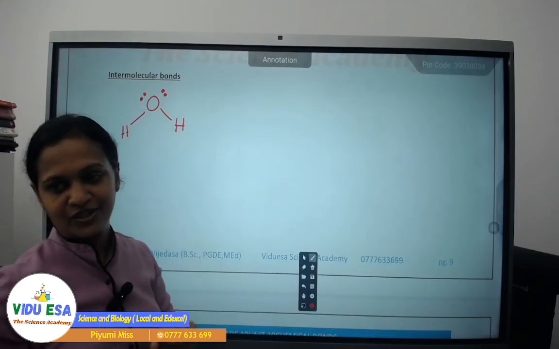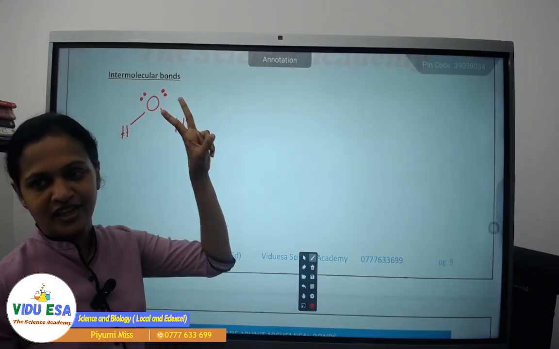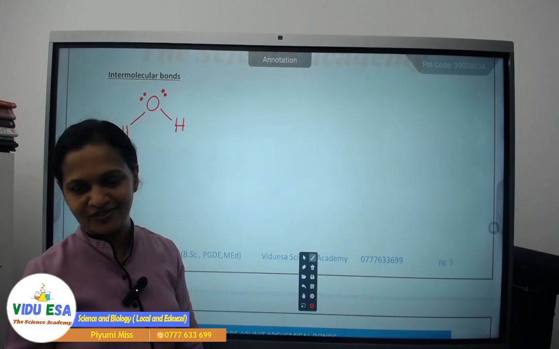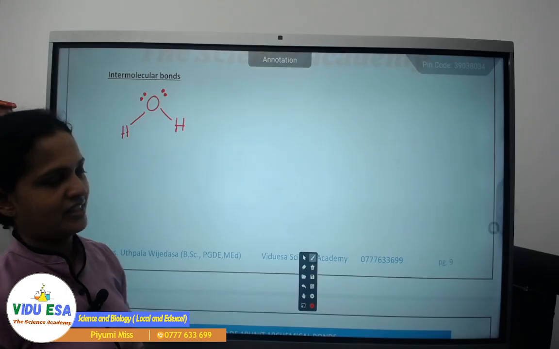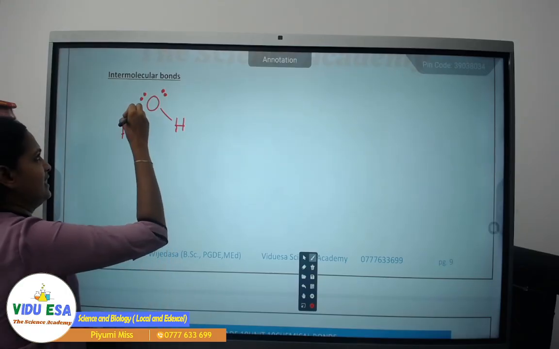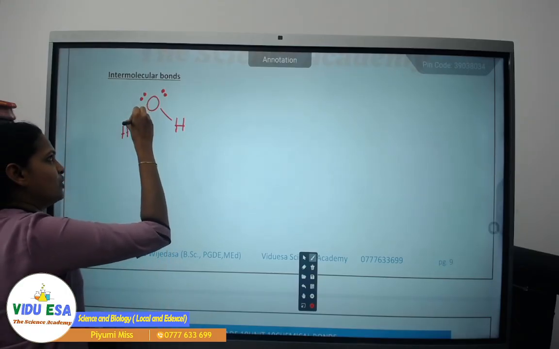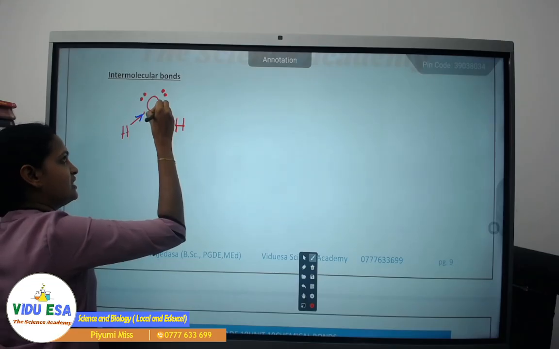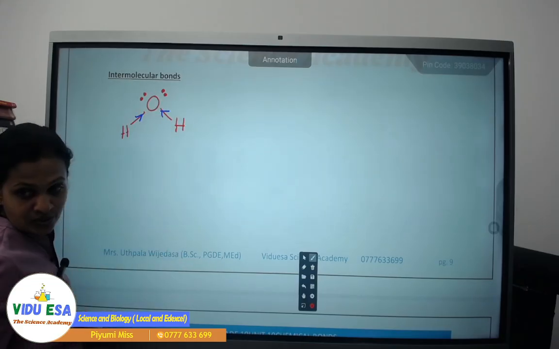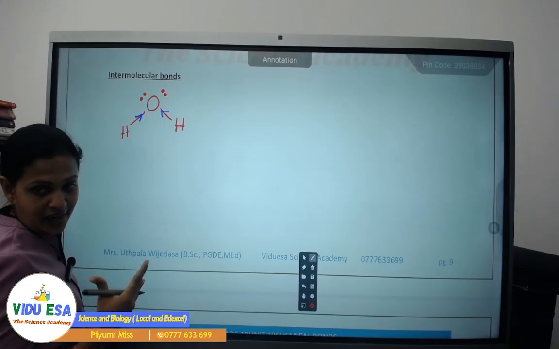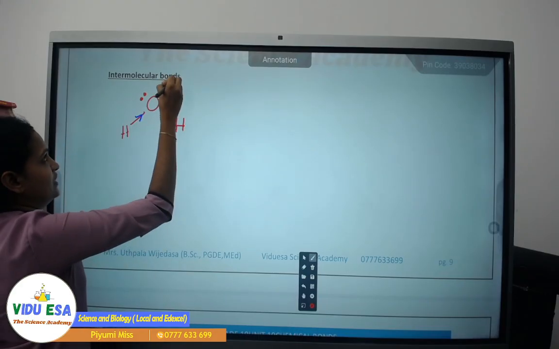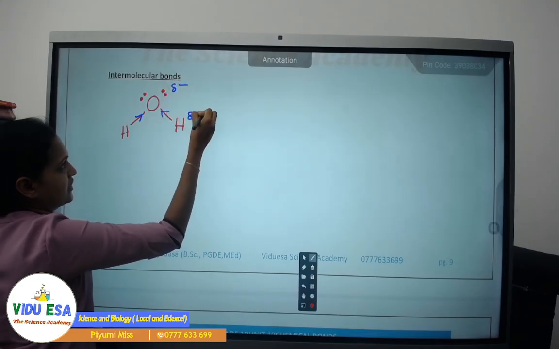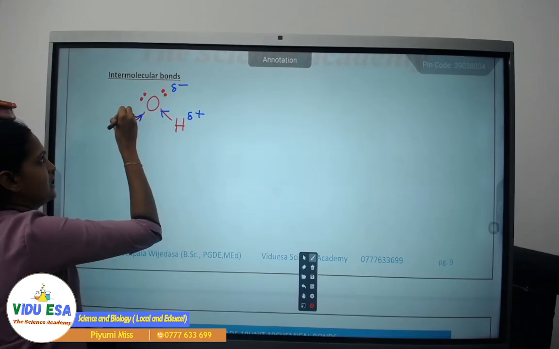Then we can talk about the polarity of the water molecule. Who is more electronegative? There are 2 OH bonds. Which is more electronegative? Oxygen. Oxygen attracts this bond electron pair towards itself. So oxygen gets a slight negative charge while each hydrogen atom gets a slight positive charge.